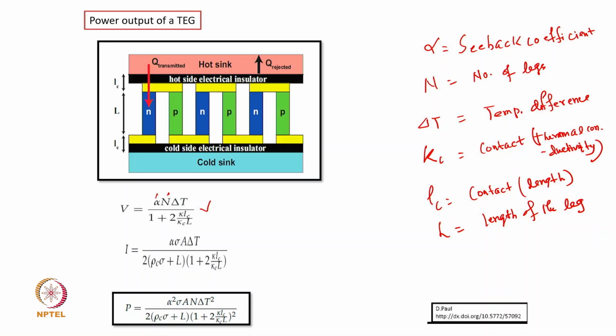Similarly, if we look at the current, it also depends on alpha, that is the Seebeck coefficient, sigma is the electrical conductivity, A is the area, and delta T, and then rho C is the contact resistivity, and all these quantities.